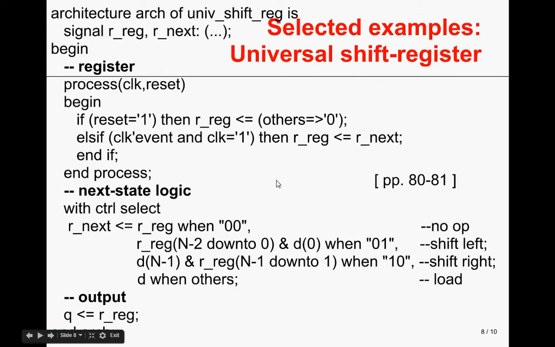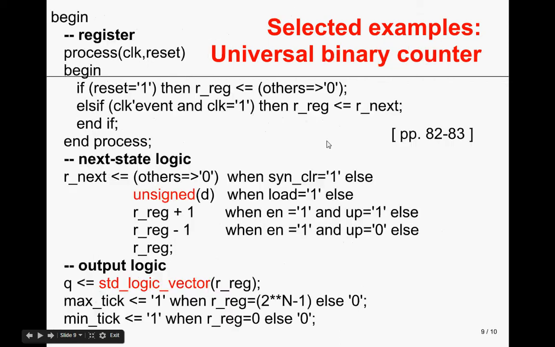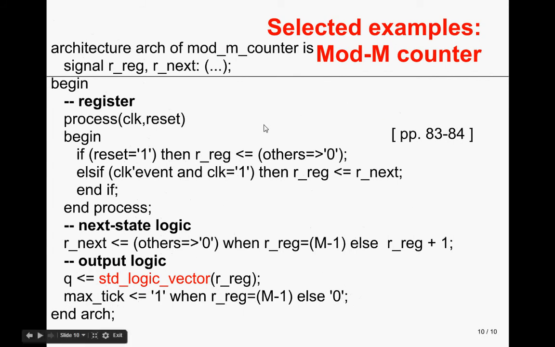Actually, if we go from the shift register block into the binary counter, you will see that it is the same. If reset is equal to 1, then the current state takes the value of all zeros. Else, if there is a rising edge in the clock, then the current state takes the value of the next state. The same happens for a modulus M counter.